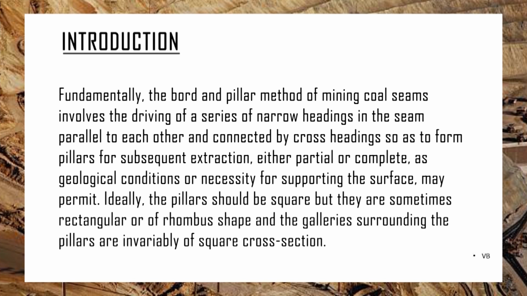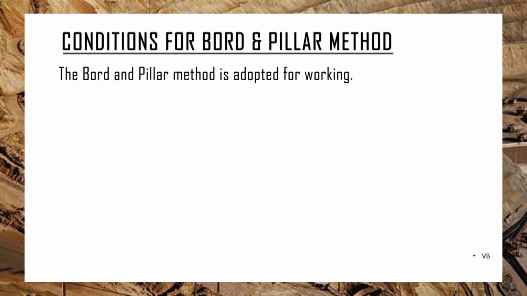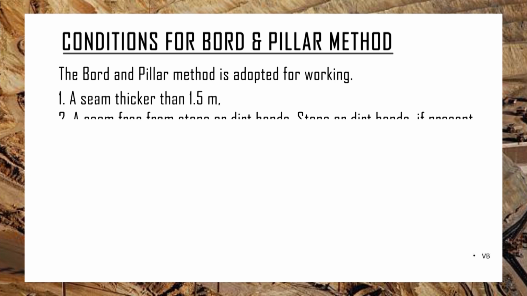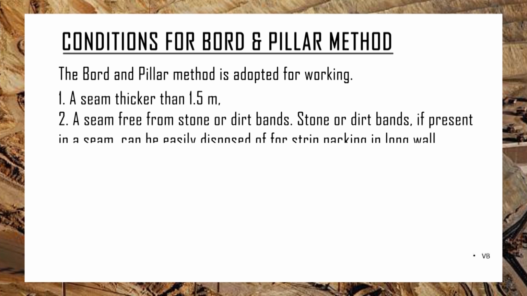Next, the applicable conditions for the board and pillar method of mining. The board and pillar method is adapted for working: first, a seam thickness of 1.5 meters; a seam free from stone or dirt bands.